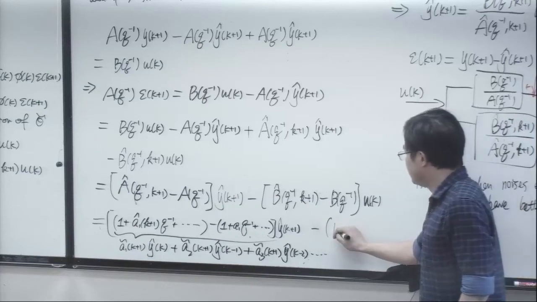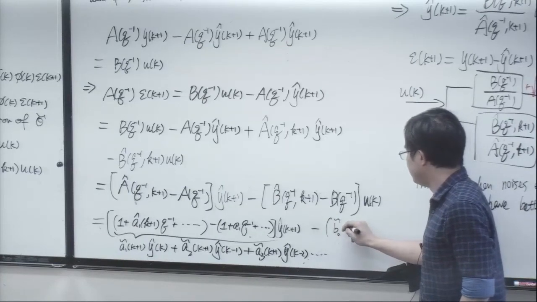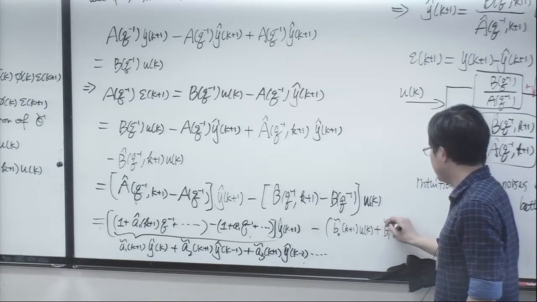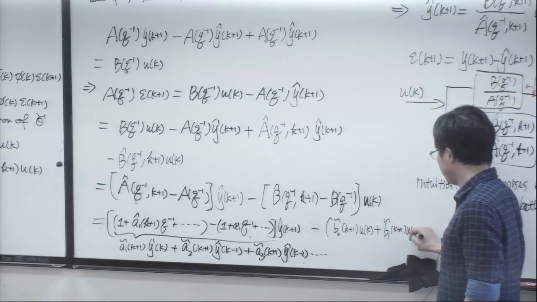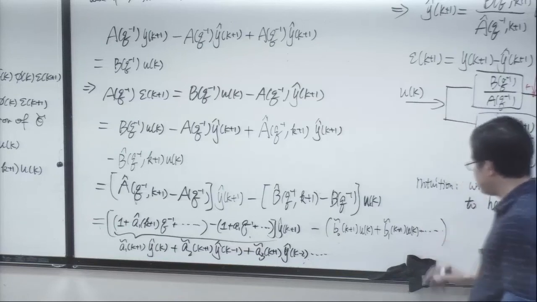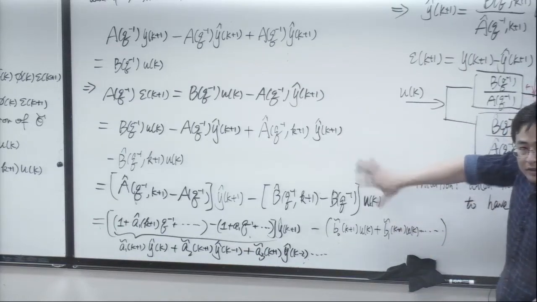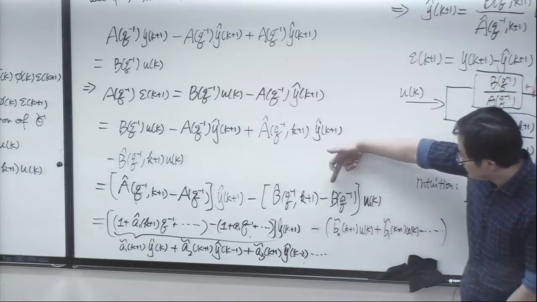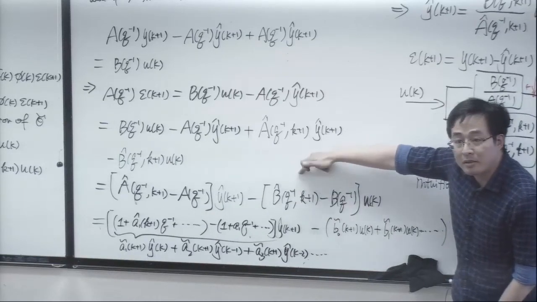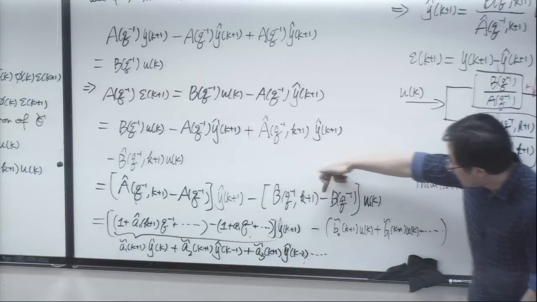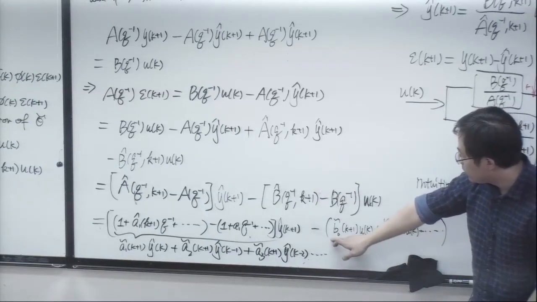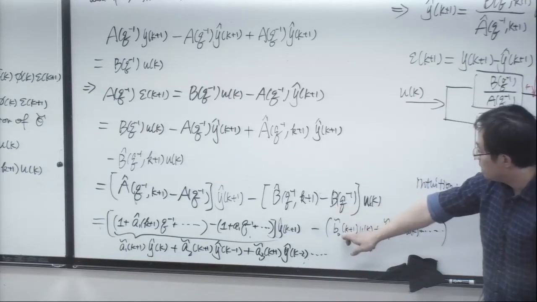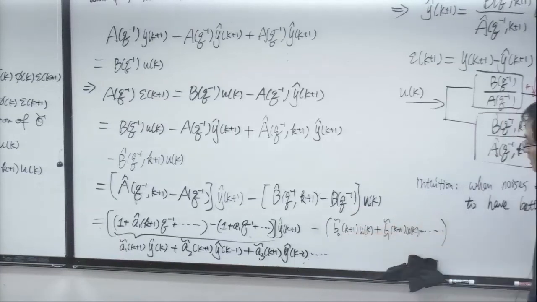For the second part, it's similar thing, minus B0 tilde UK plus B1 tilde. So essentially the way, after you do this 1 or 2 times, you will notice the way to see this is nothing but, if both terms are about B, then B hat minus B, it's essentially a polynomial with coefficients just look like replacing every B with B tilde signal, B tilde K plus 1 inside.